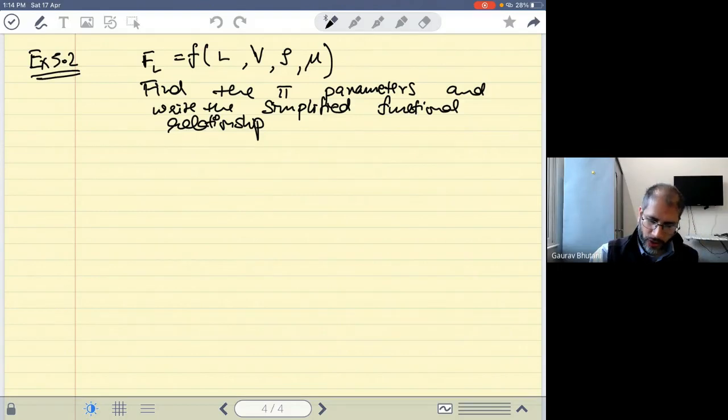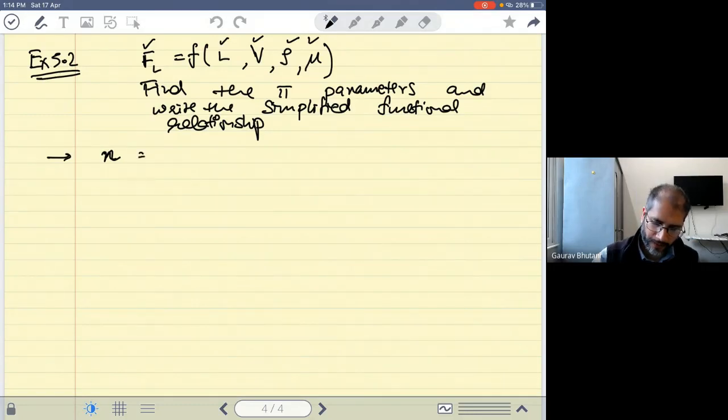Right. So let's work out the steps in the theorem. The first step is to find n, the number of variables in the problem. We have a total of 5 variables. One is the lift force Fl. The other 4 are length, velocity, density, and viscosity.